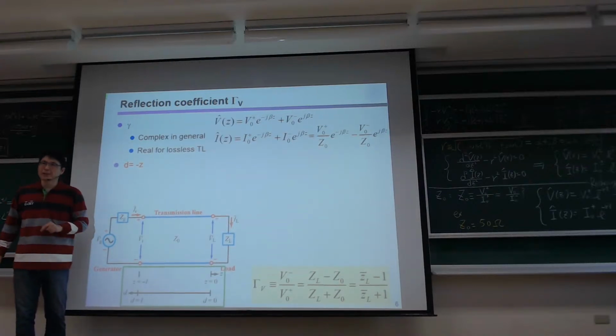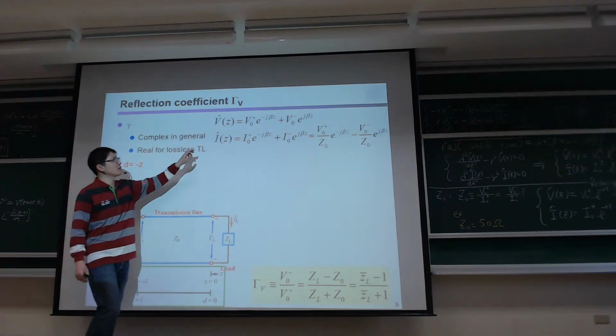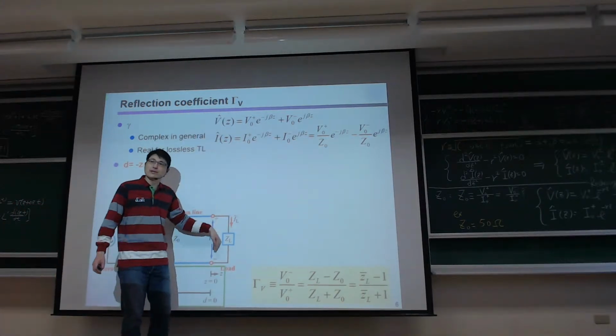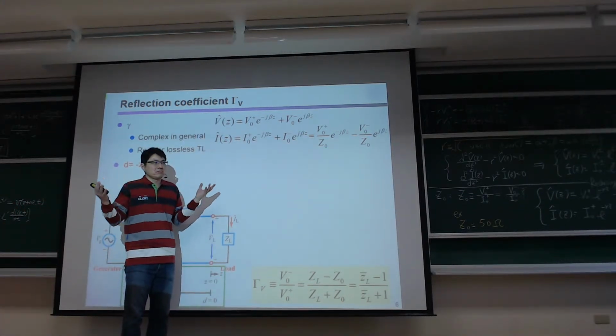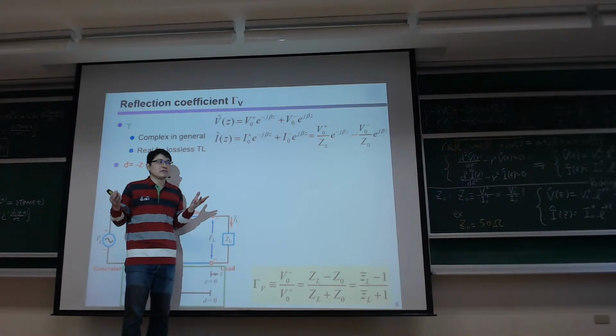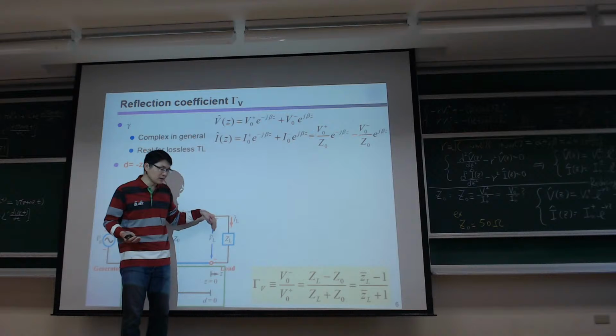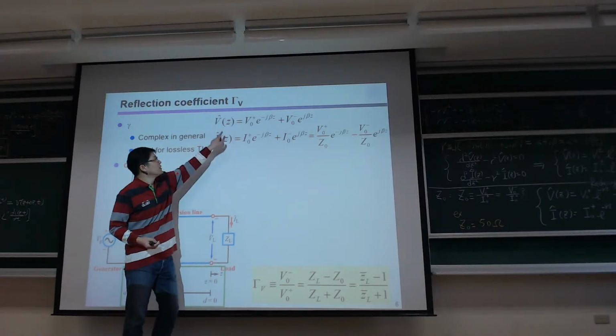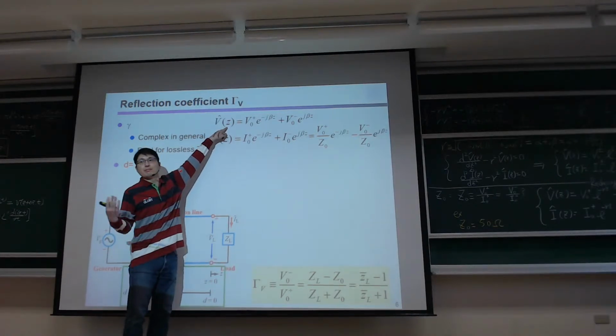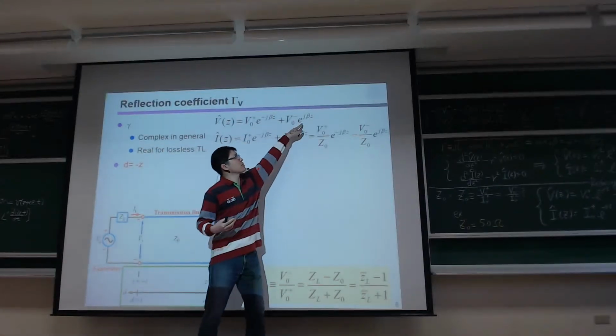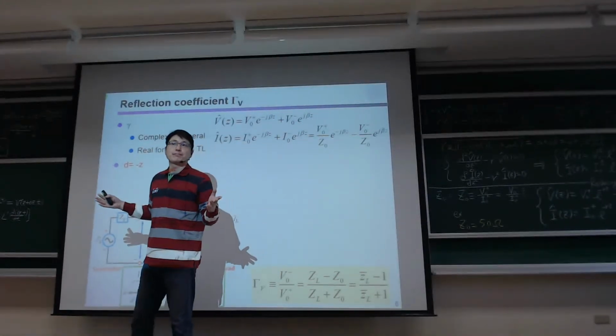But the trouble you run into is, if you want to know the voltage values or the current values at the load, V of L, L means the length of the transmission line. These exponential terms do not disappear.